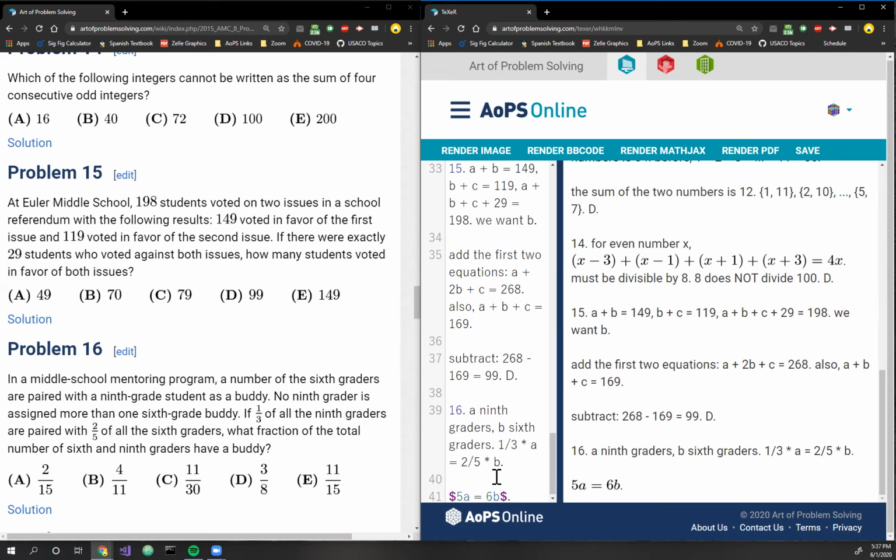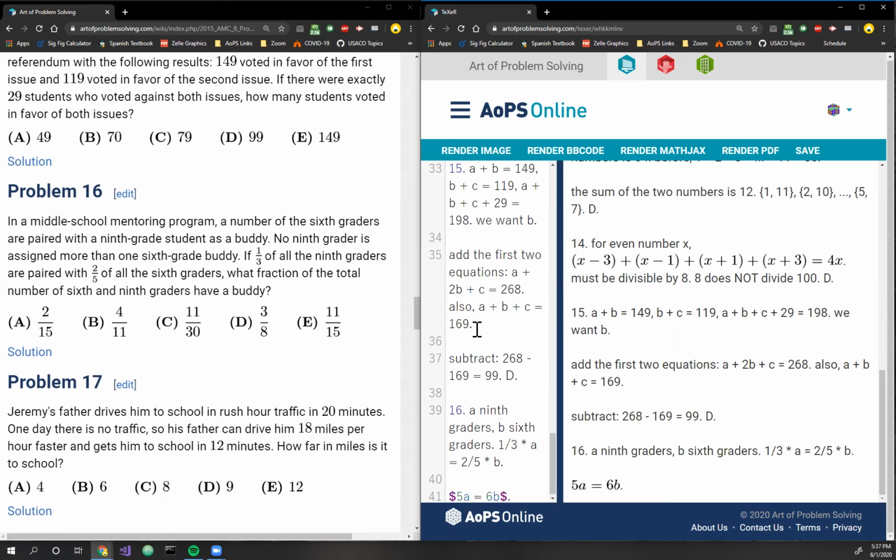Wait, I definitely screwed this up. Does somebody want to find my error? Or should I skip this question? You know what, let's pretend this is a real test and skip this question.